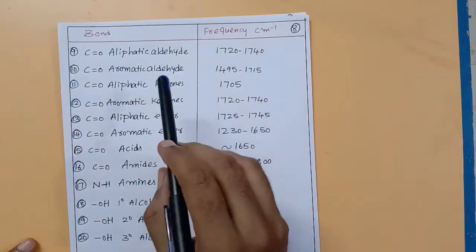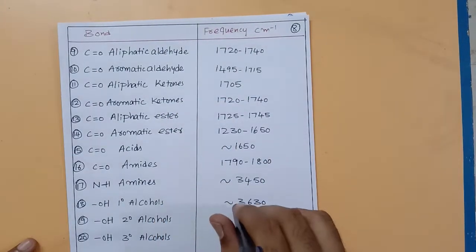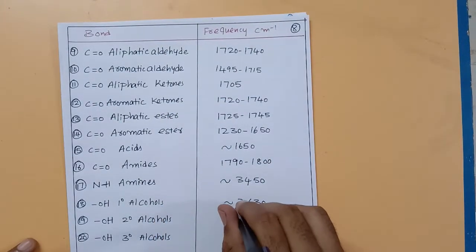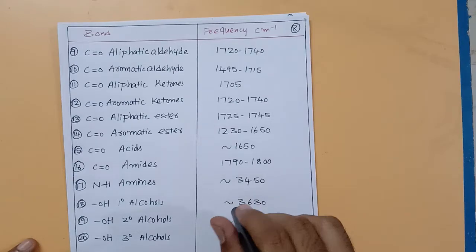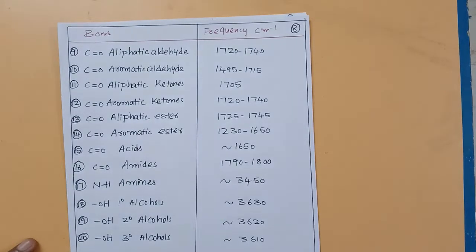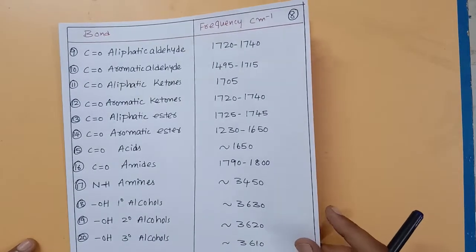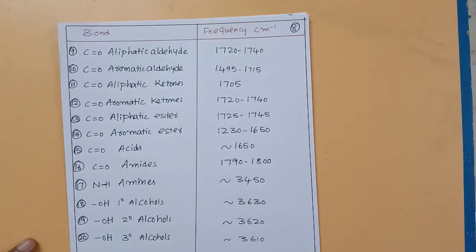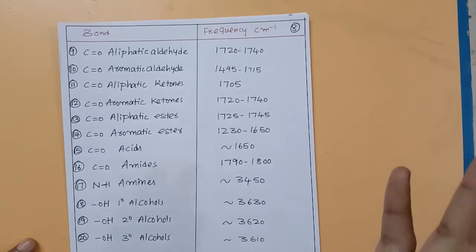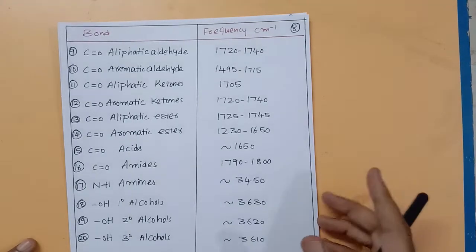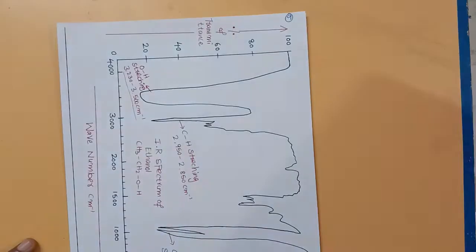Okay, so IR spectroscopy is a very important spectroscopy that gives very valuable data about the identification of functional groups of the organic compound. So that is the primary importance of IR spectroscopy. With IR spectroscopy you can clearly identify the functional groups of organic compounds.